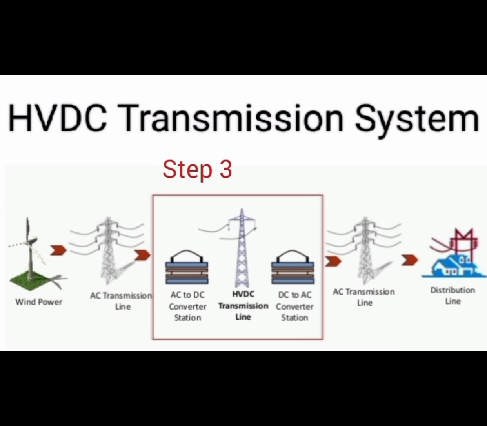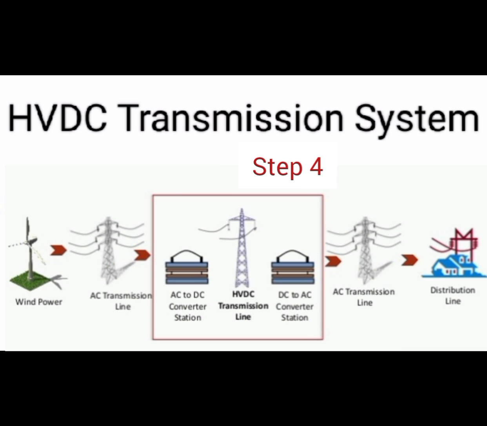Step 3. HVDC converter station. The HVDC converter station converts the 150 kV AC to plus or minus 300 kV DC using a thyristor-based converter. The DC power is transmitted over a long distance, for example 500 kilometers, with minimal losses.